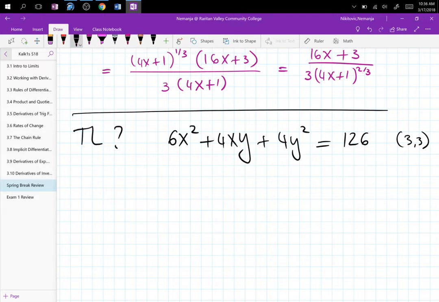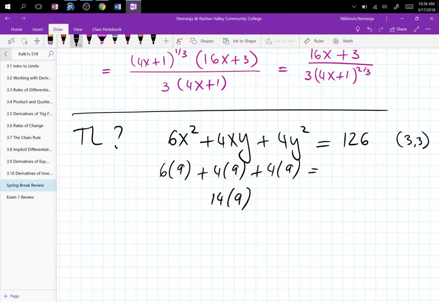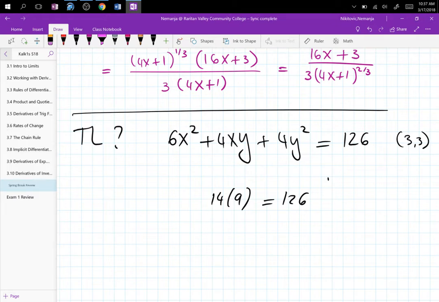Now let's assume that the author of the problem was conscientious enough, but just don't trust anyone, all right? 6 times 9 plus 4 times 9 plus another 4 times 9, and that's 14 times 9, and that's 126. Good. So verified. So (3, 3) is definitely on this curve, so I can go and find the tangent line and do all of the things.